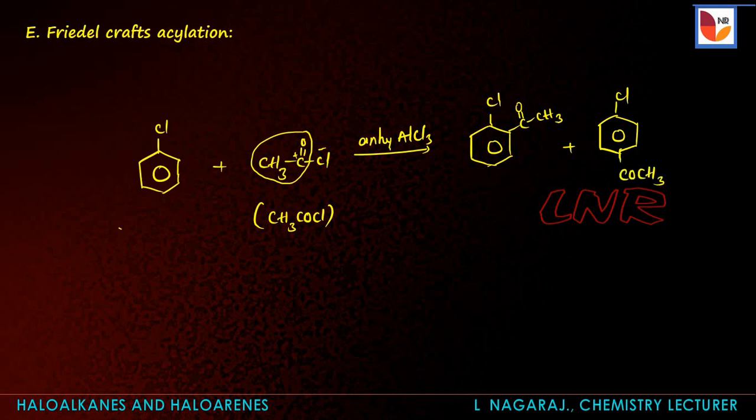That is, when chlorobenzene reacts with acetyl chloride in the presence of anhydrous AlCl3, it gives ortho and para chloroacetophenone.